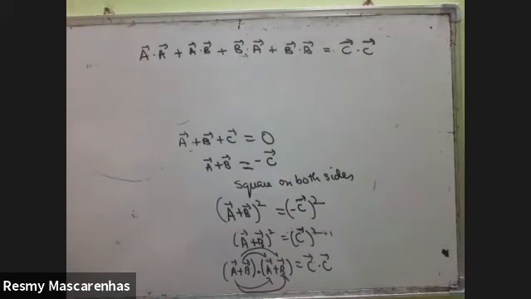And whenever you have different letters, you have to split it open like this. Now the values of A, B and C are given to me in the question, so just put it there. Magnitude of A is 12, B is 5, and magnitude of C is 13.